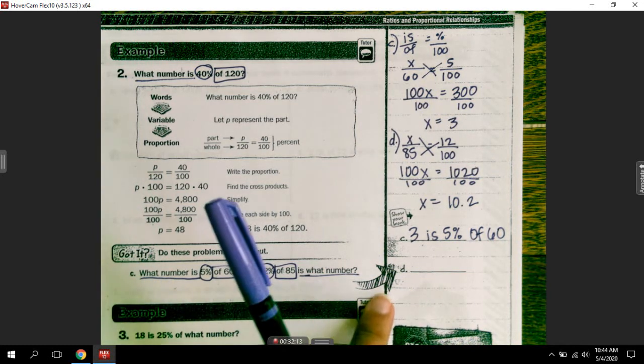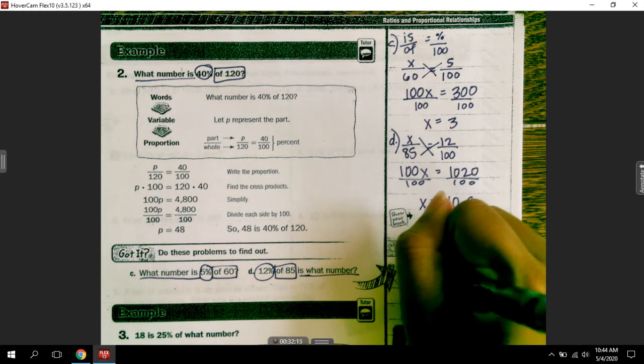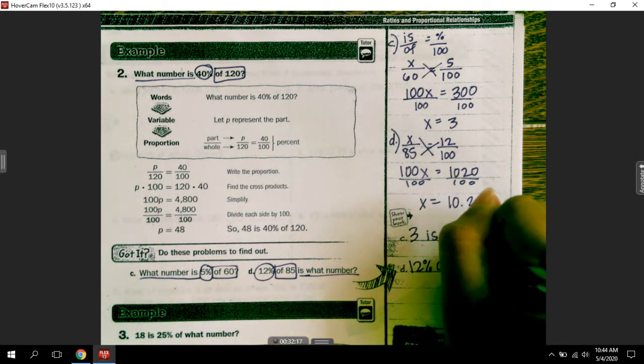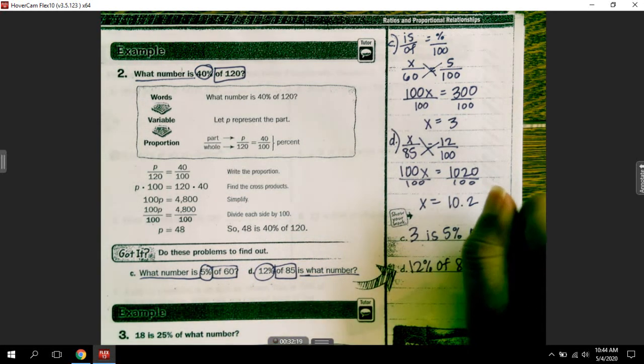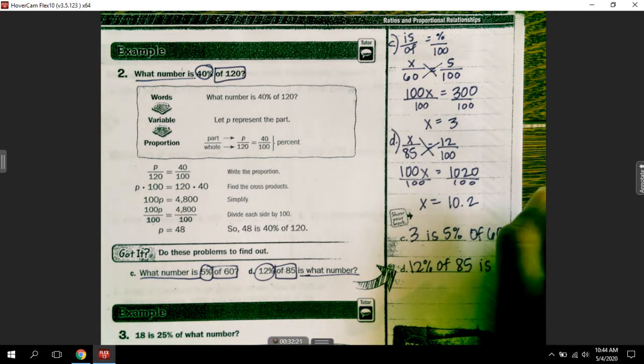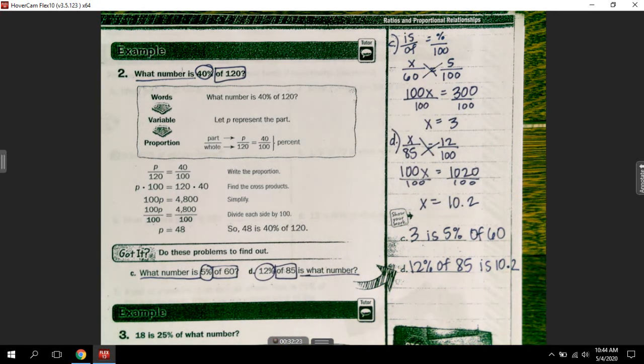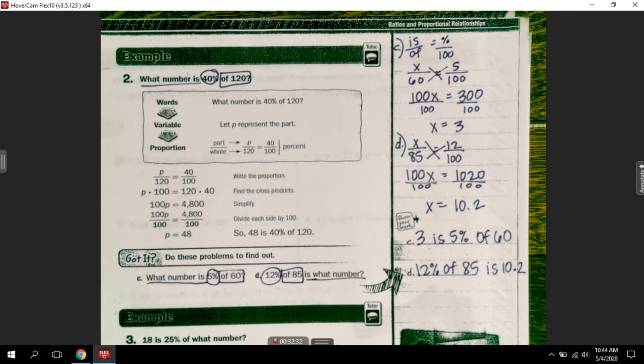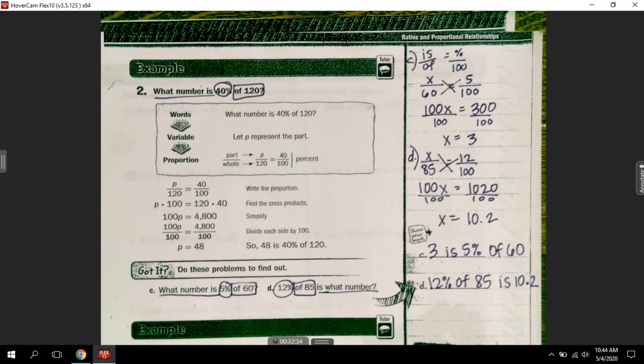So fill it in: 12% of 85 is 10.2. All right, just a few more examples and we're done.